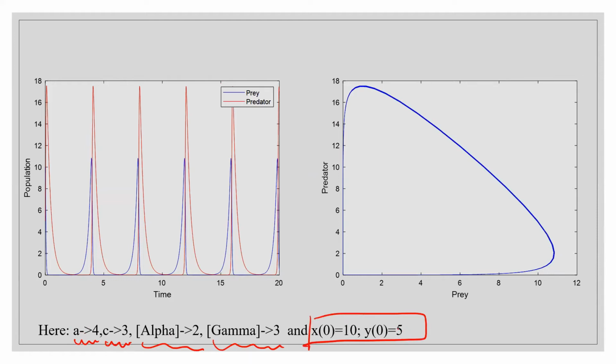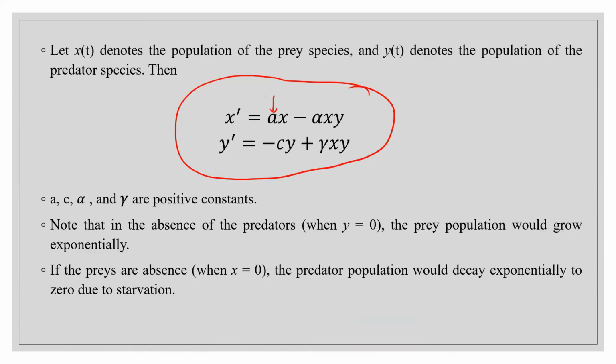Initial values means when I started the experiment, I saw that there were 10, say, rabbits and 5 lynx. The other parameters are the growth rate, this is also the growth rate of predator, this is the interaction rate, and this is whatever is converting into the predator. So these parameters we have to give to our MATLAB program.